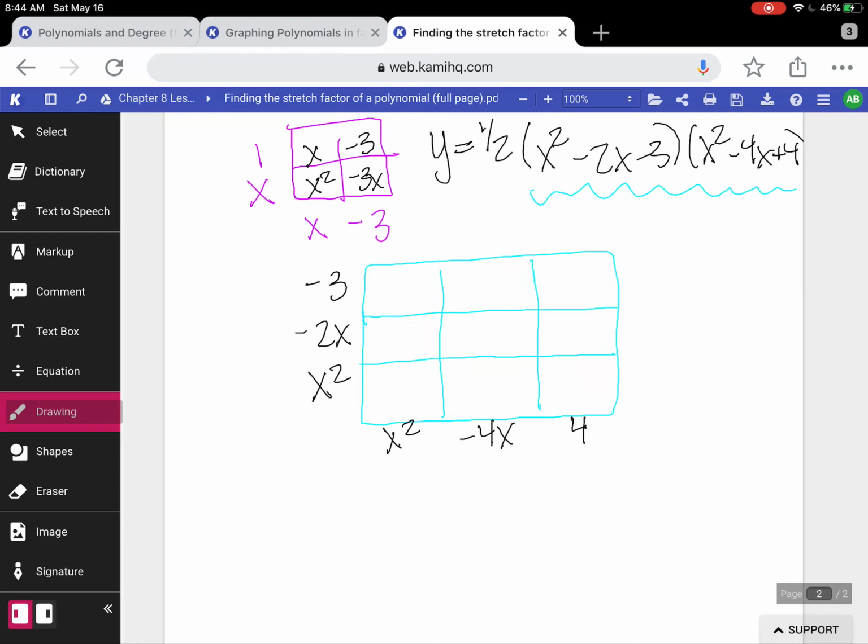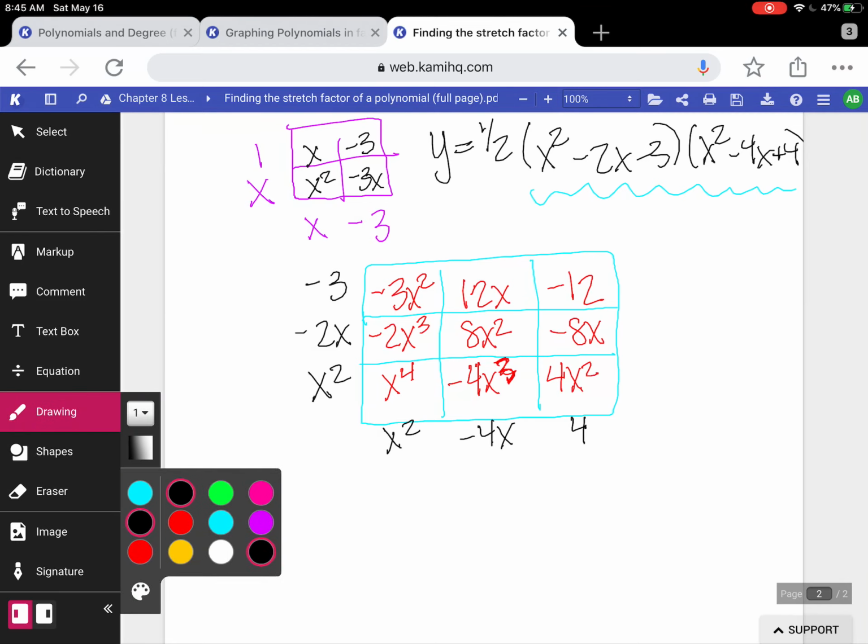And we are going to multiply to get the inside. So this gives us x to the 4th. This gives us negative 2x cubed. Then we have negative 3x squared, negative 4x cubed, sorry, 8x squared, 12x, 4x squared, negative 8x, and negative 12.